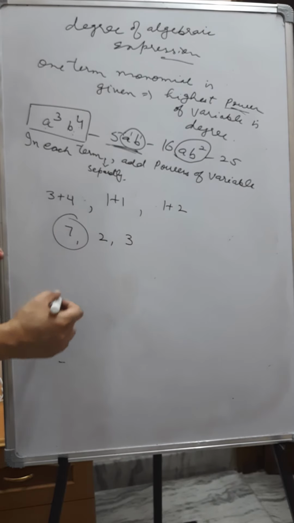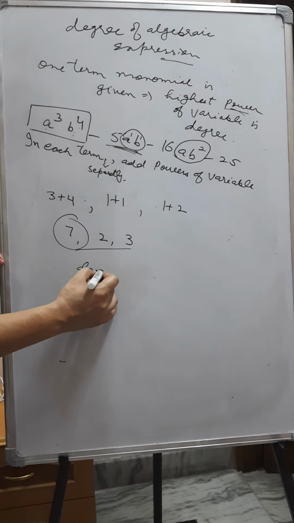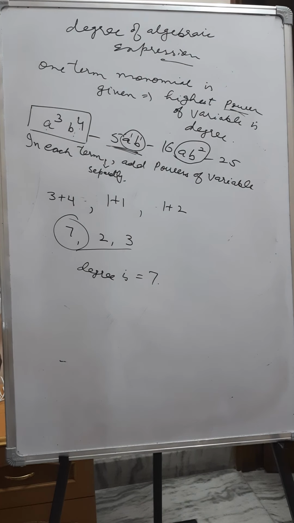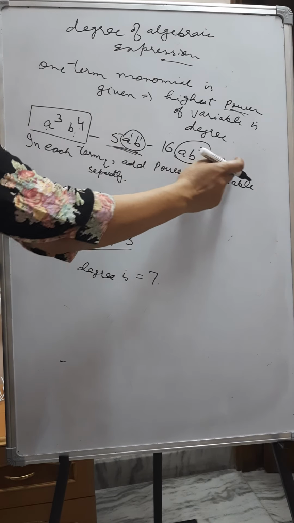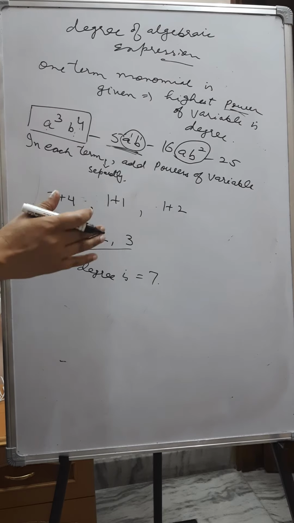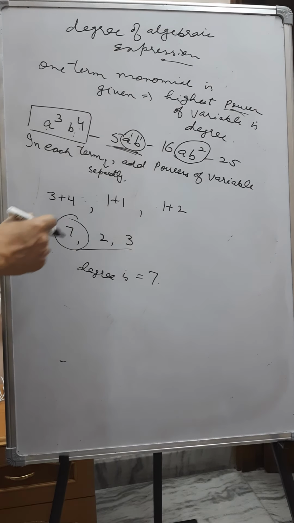The highest value among these sums is 7, so the degree of this polynomial is 7. As it contains 4 terms, it is a polynomial. One is a monomial, two a binomial, three a trinomial, and more than three are polynomials.